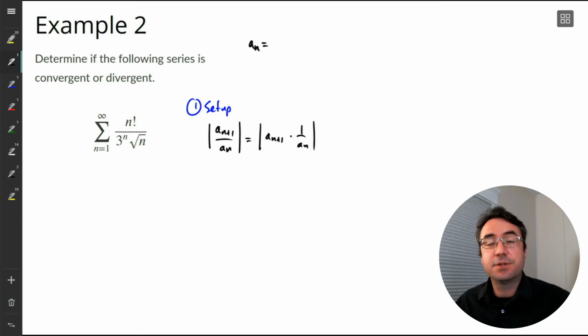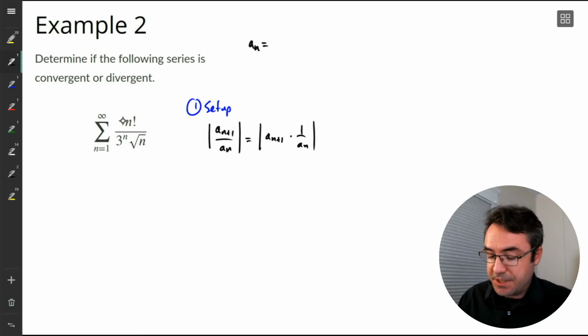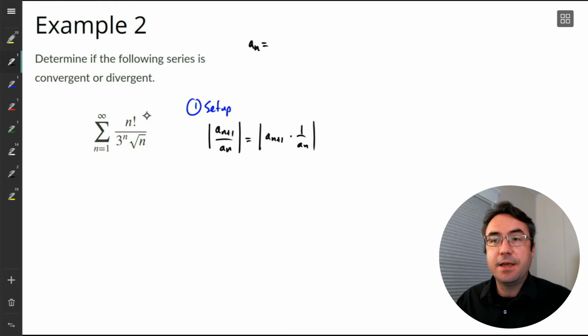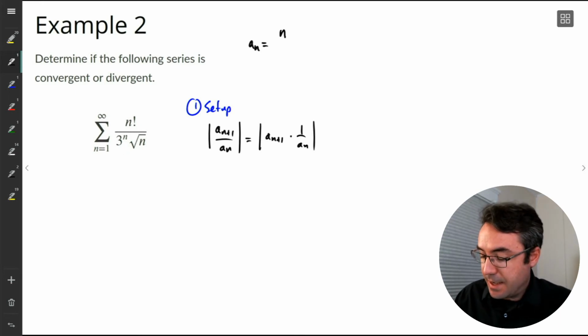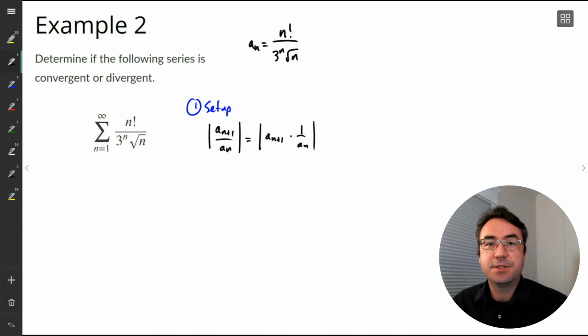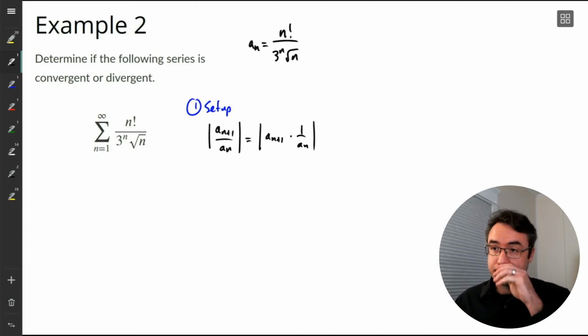Is the series convergent? Or does the sum not exist and the series is divergent? So the actual sequence we're working with here is represented by these terms. So it's n factorial over 3 to the n times the square root of n. So that's the general term of our sequence.